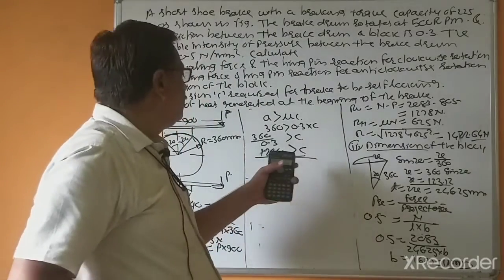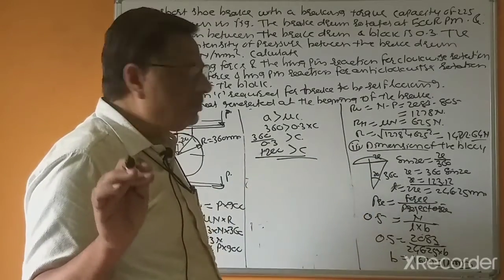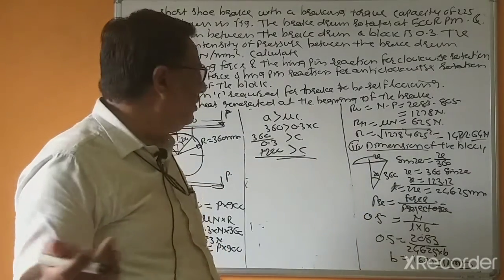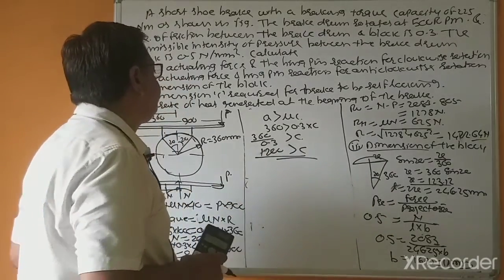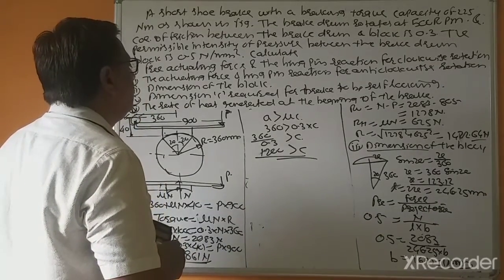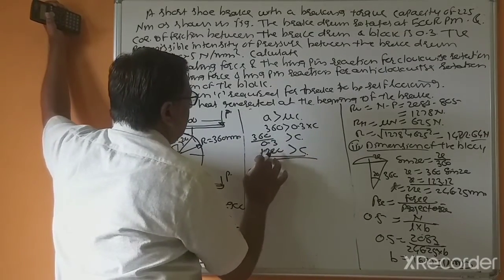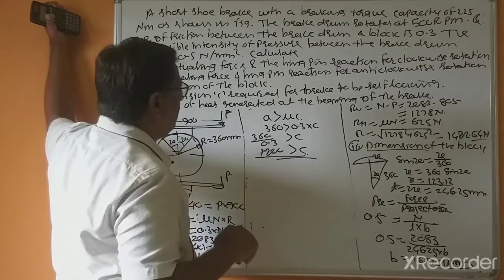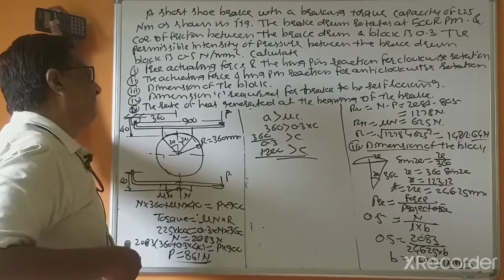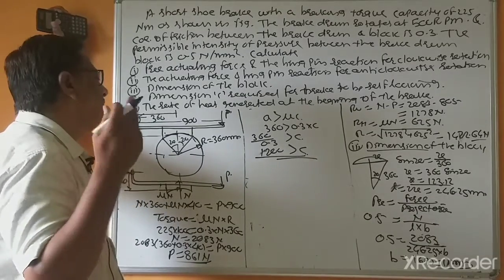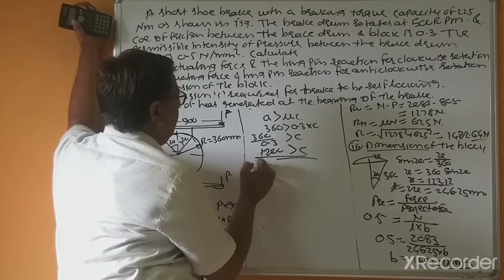So if the distance is 1200, there is no self locking, and if this distance is more than 1200, then self locking can occur. If C is more than 1200, then self locking, otherwise this is not self locking, right? So this is the condition.